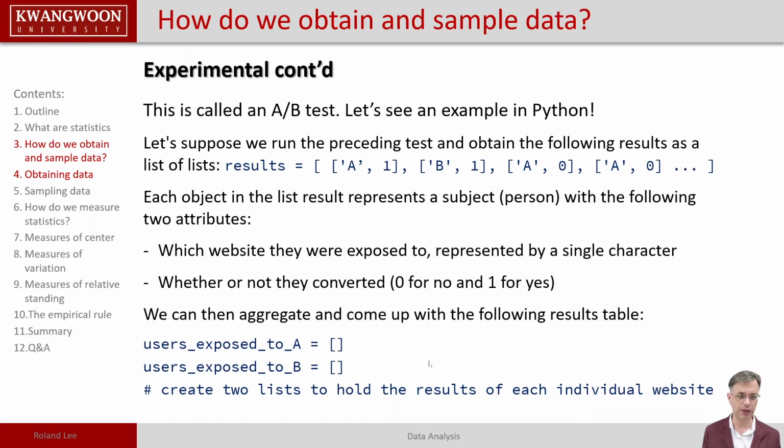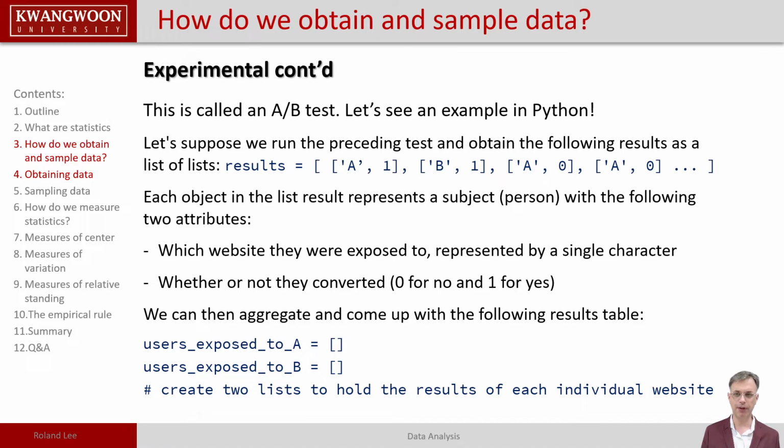You see here, user exposed to A, user exposed to B. So we get a list each time. Once we create these two lists that will eventually hold each individual conversion, Boolean 0 or 1, we iterate over all of our results of the test and then add them to the appropriate list as shown.